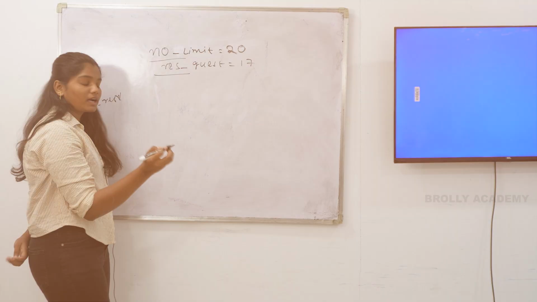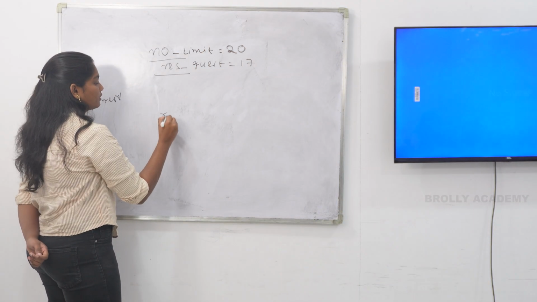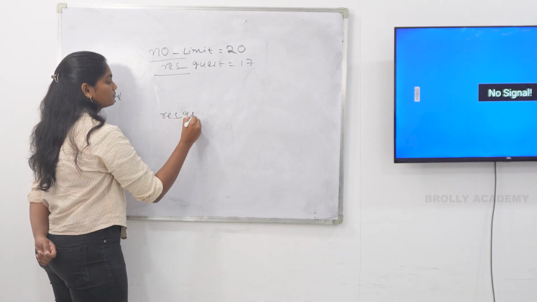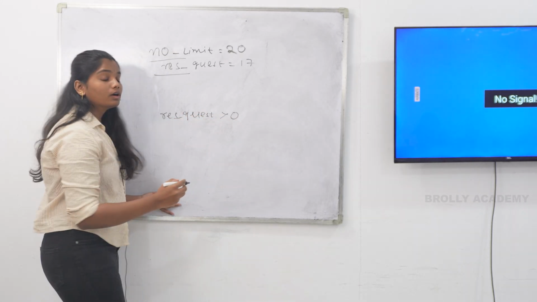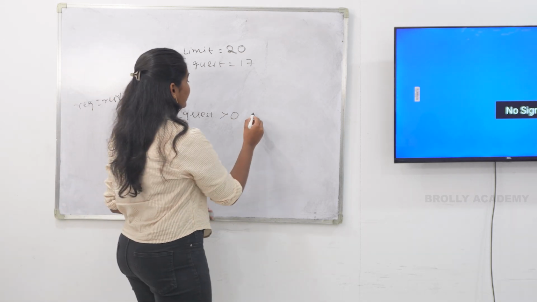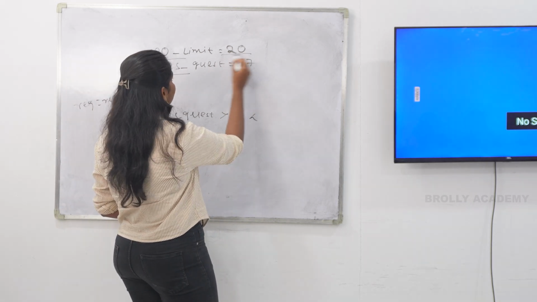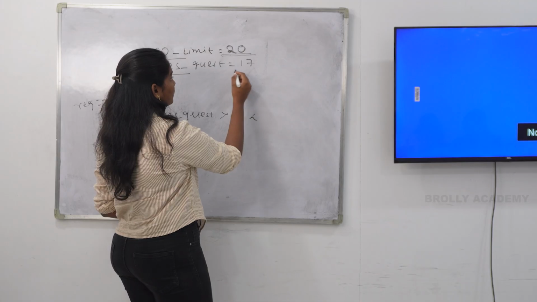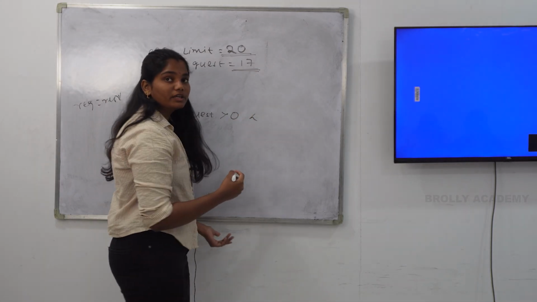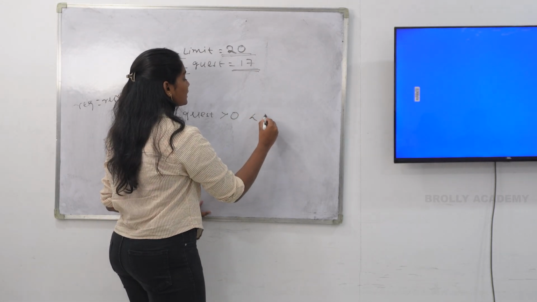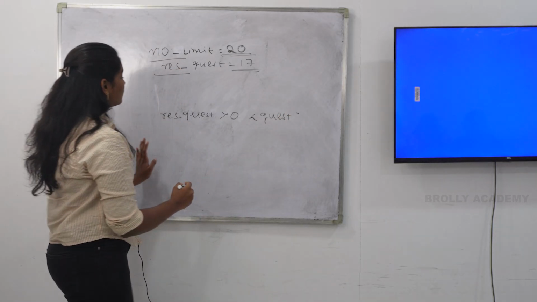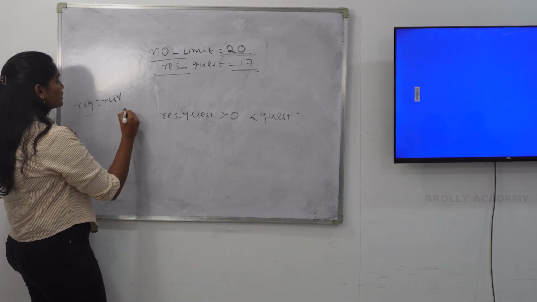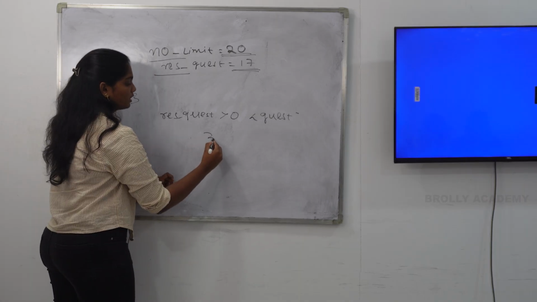Here, the condition is restaurant guest count should be greater than 0 and it should be less than the limit. The required guest count should be less than the guest limit. Suppose we are making a request for 3 members.